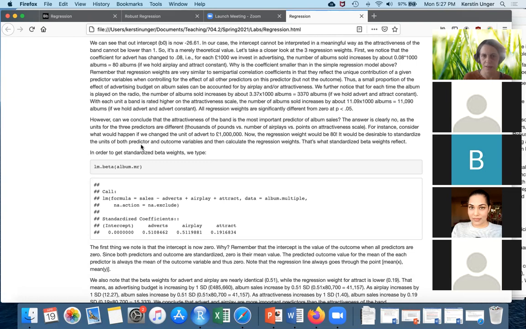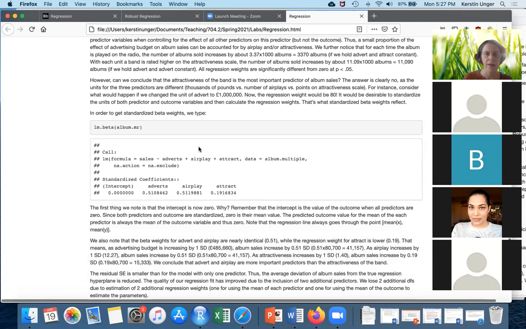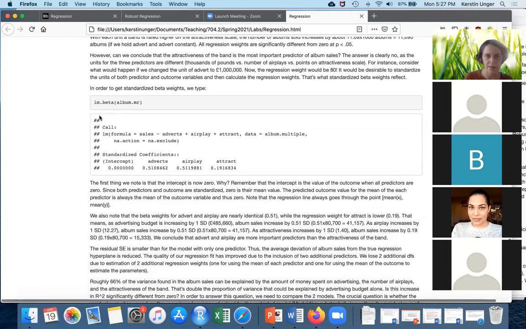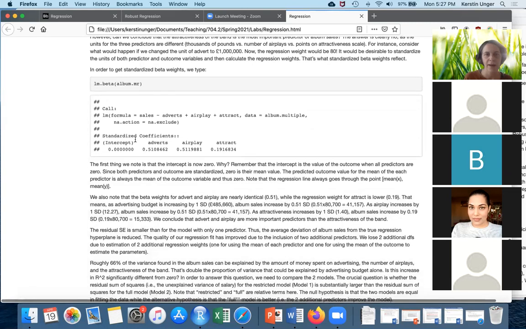I thought that the beta weights were included in R, but it didn't work for me anymore, so I really had to install this extra package. If we wanted to get these standardized coefficients, we would call this function with our estimated model, and then we get our standardized regression coefficients.